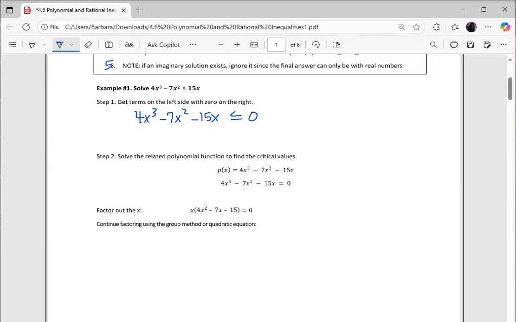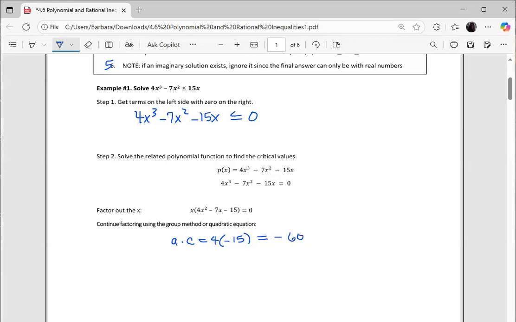So to solve this, we can factor out an x. And we keep going. Using the group method, let's multiply a times c. So 4 times negative 15 is equal to negative 60.